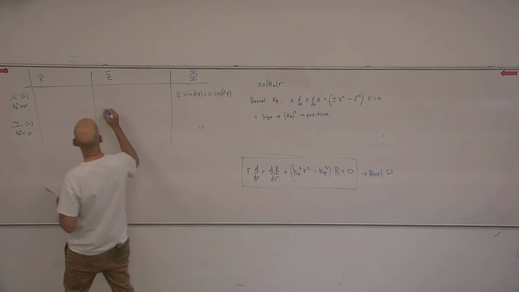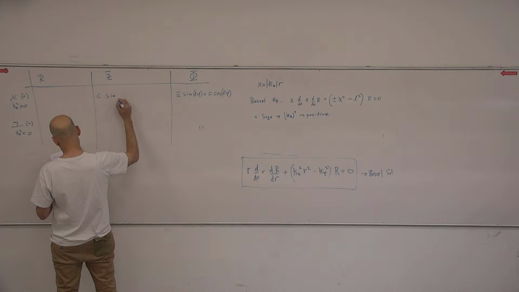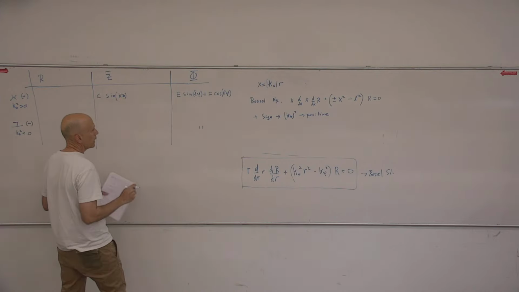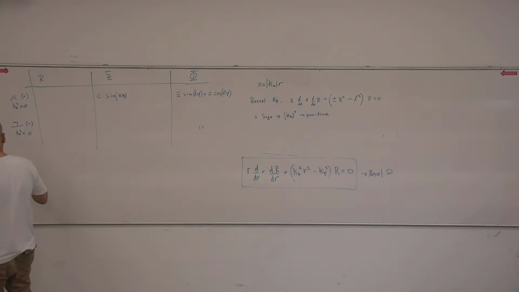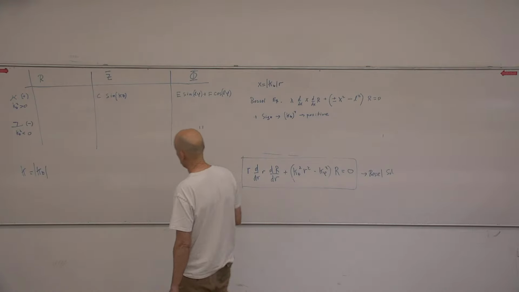Okay, here what do we have? We have, in this case, sine kz. Again, what is k? K, I'm going to now use the notation that k is simply the absolute value of kz. I'm just taking out this subscript z.